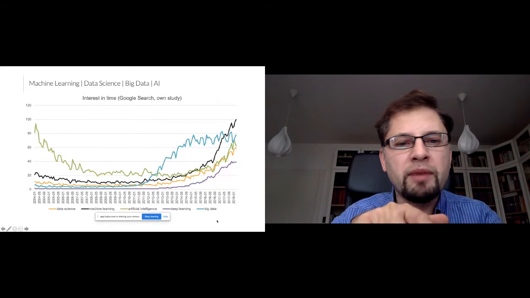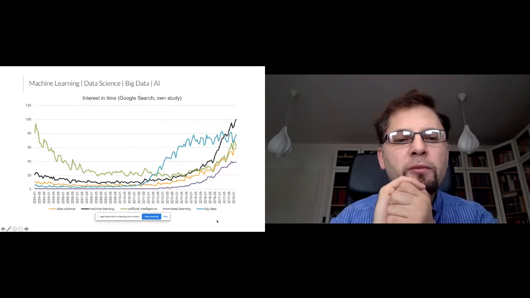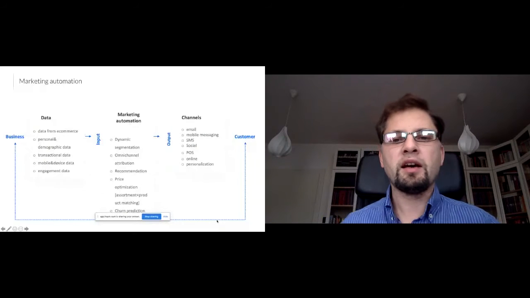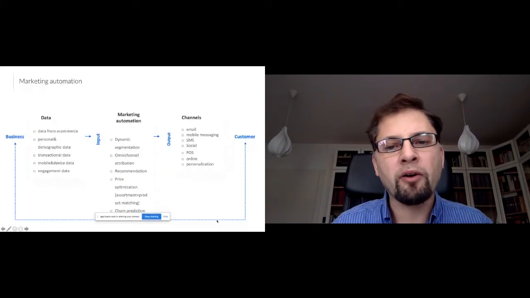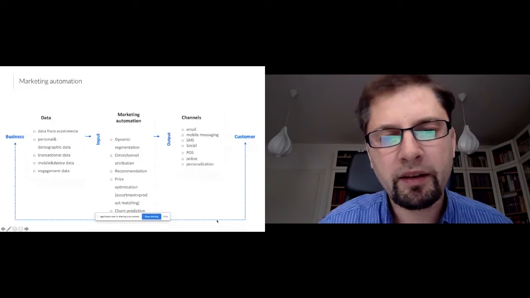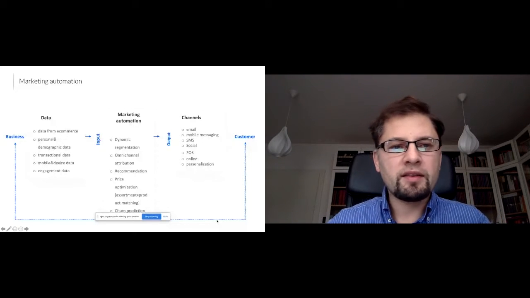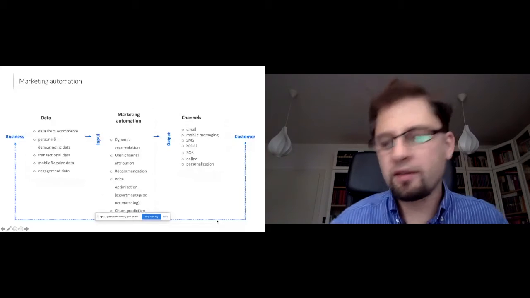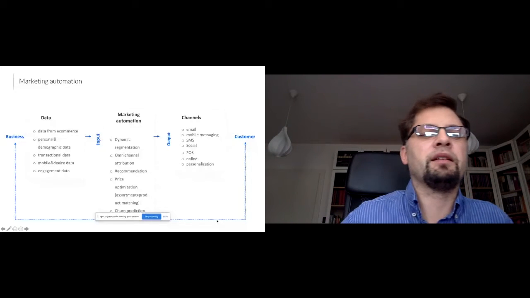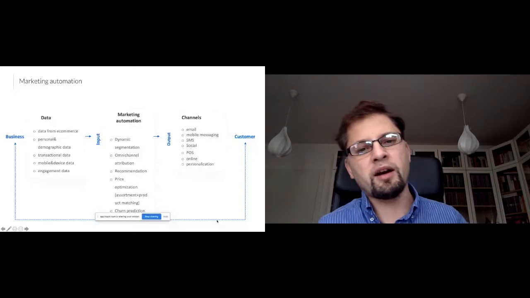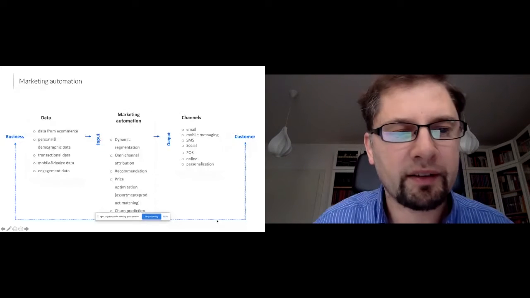And in automation, we try to develop algorithms which, based on the input, give output useful to the user. So automation is mostly about machines, and marketing automation is about data and some decisions which are made in marketing contexts.